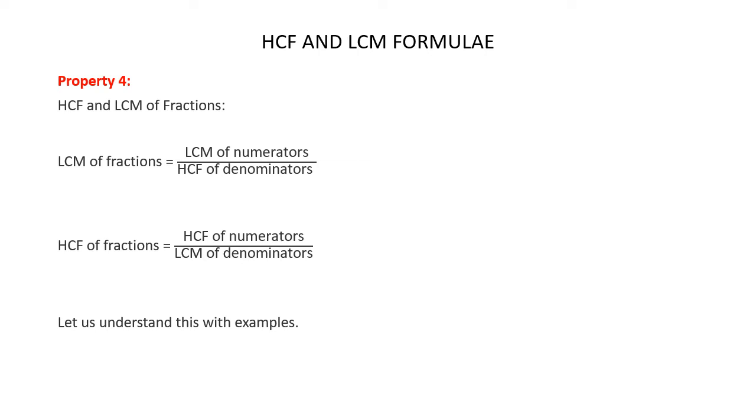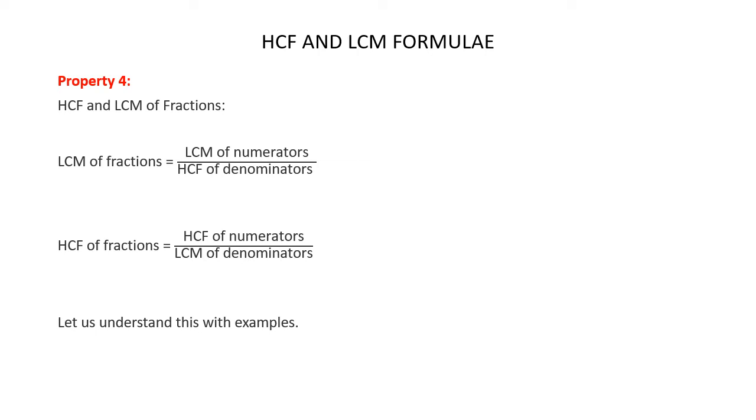Now let's learn about HCF and LCM of fractions. This is property 4. We can find the LCM of fractions by using this formula. LCM of fractions is equal to LCM of numerators divided by HCF of denominators.